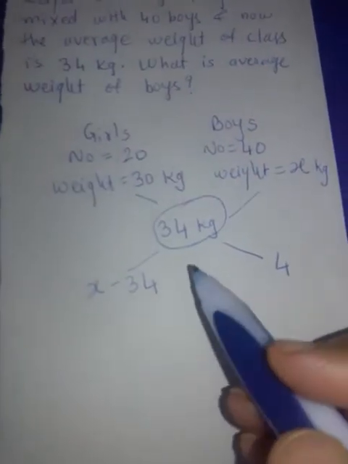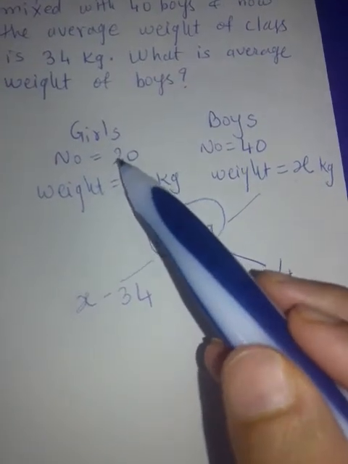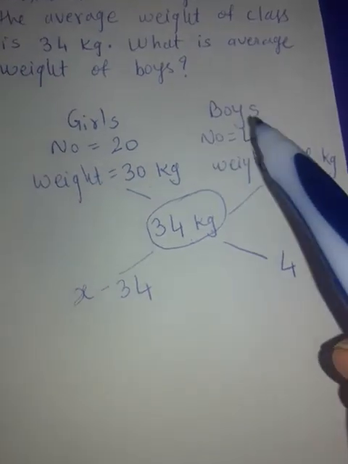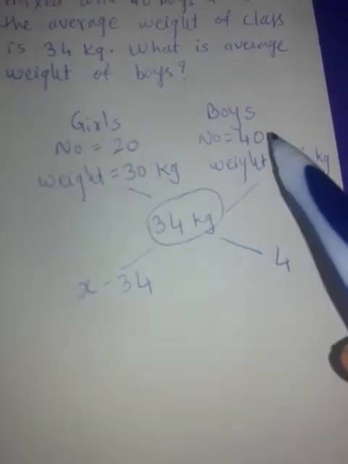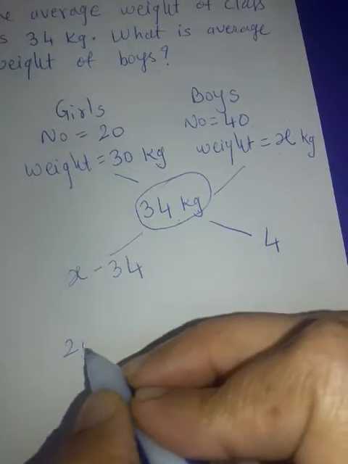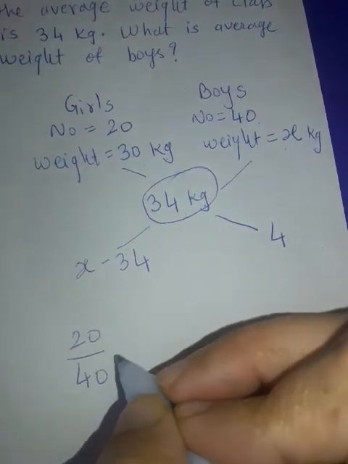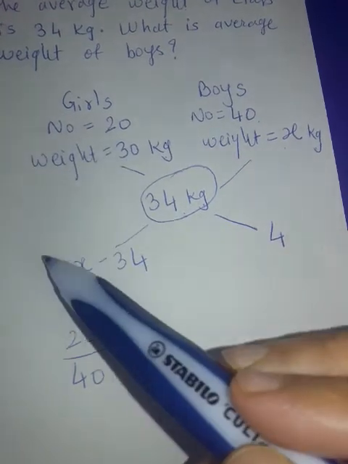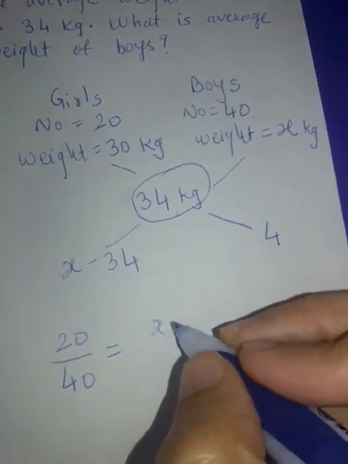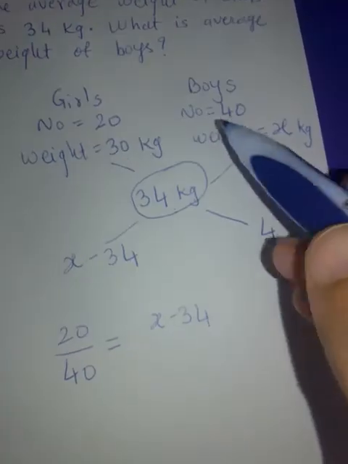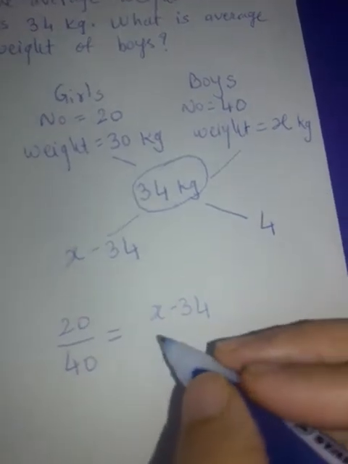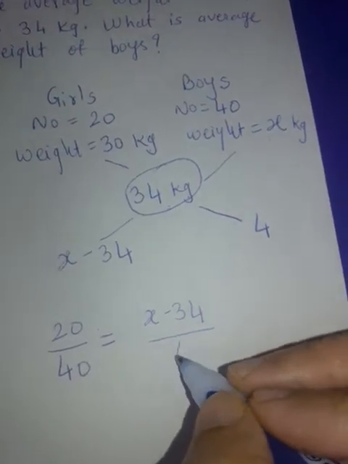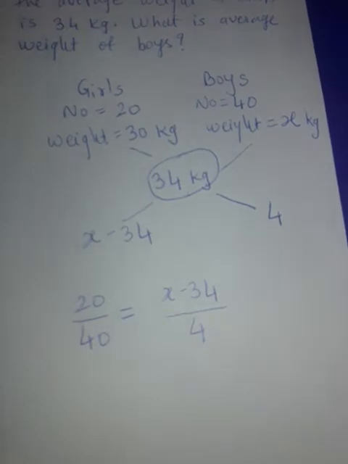Got it? Now quantity of object 1 upon quantity of object 2. Here it is 20 and 40. So 20 upon 40 is equal to what? What is below 20? X minus 34. What is below 40? 4. So your equation is ready.